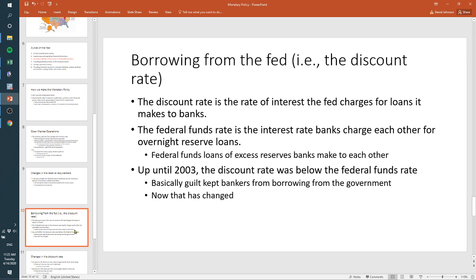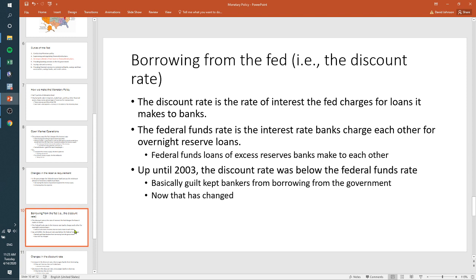And the discount rate is the interest rate that the Federal Reserve charges banks if banks want to borrow money from the Fed. Now, this is different from the federal funds rate, and this is where the naming convention actually gets confusing.